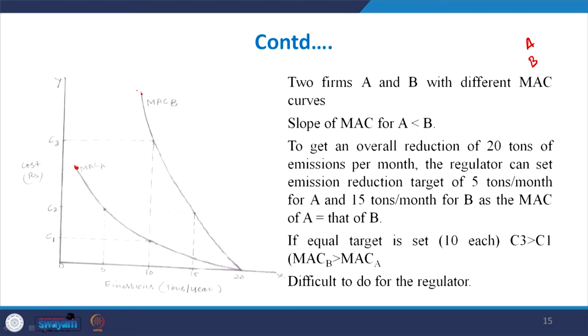If the government sets a target of, say, 20 tons of CO2 to be emitted, and that 20 tons of CO2 is to be allocated between A and B firms, how to allocate efficiently?